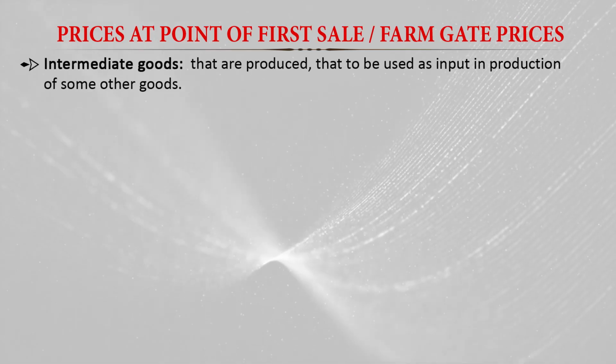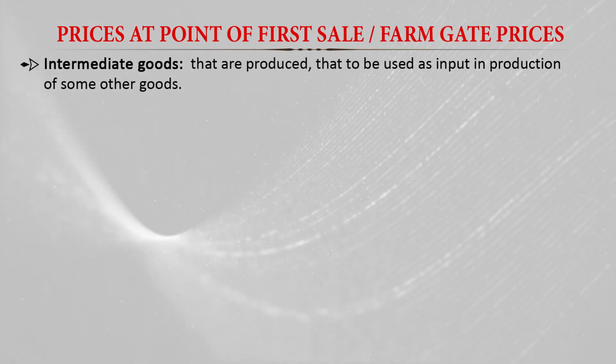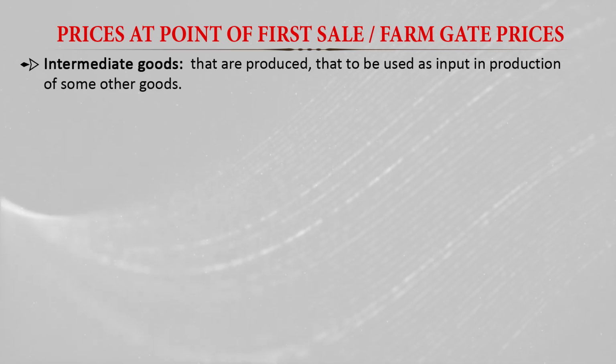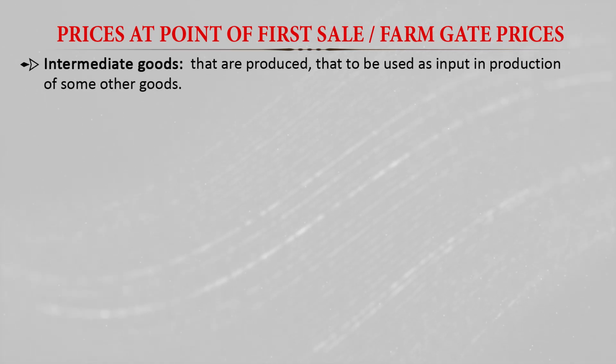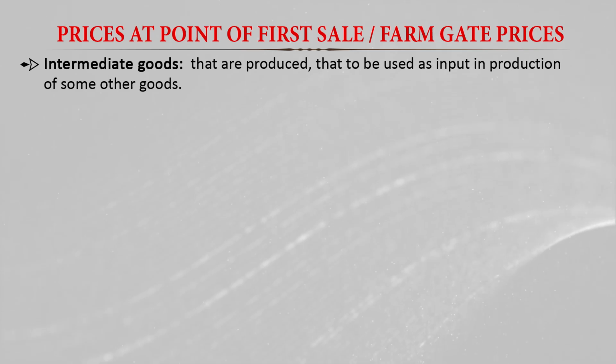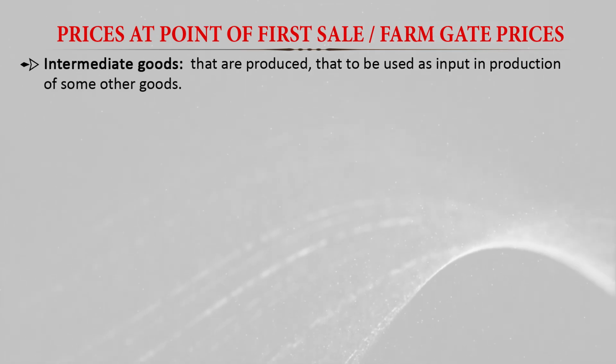Another problem when we value an agriculture project is how to do the pricing of the intermediate goods. Intermediate goods are those goods that are produced to be used as input in the production of some other goods. Like we have the example of fodder.